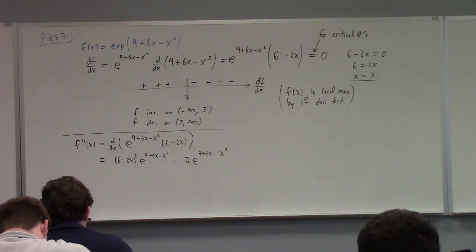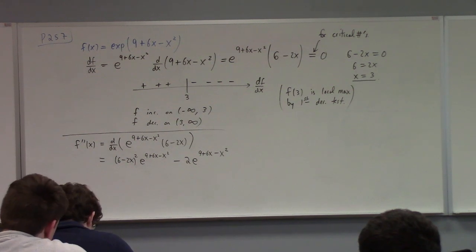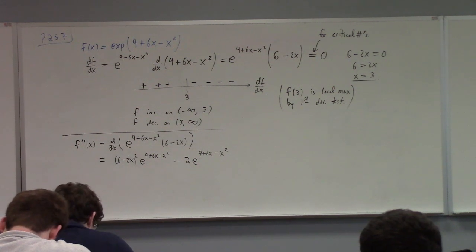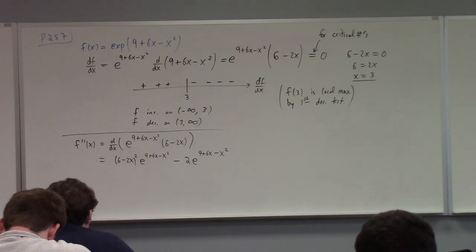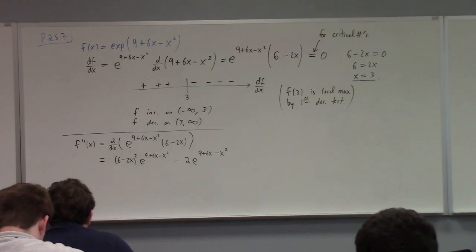Let me walk you through what I just did there. When we differentiate the first term, we're differentiating the exponential. We did it in the previous part. It brings out the derivative of the argument of the exponential, which is 6 minus 2x. Now I have two of them, so I have 6 minus 2x squared.